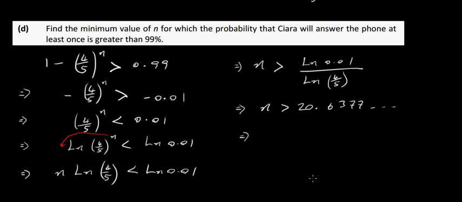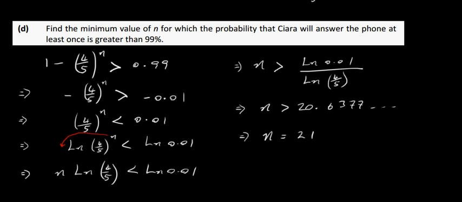We were asked to find the minimum value for n for which the probability that Kira will answer the phone at least once is greater than 99%. So n has to be greater than this, and remember n is a discrete value, it's the number of days, so n is equal to 21.